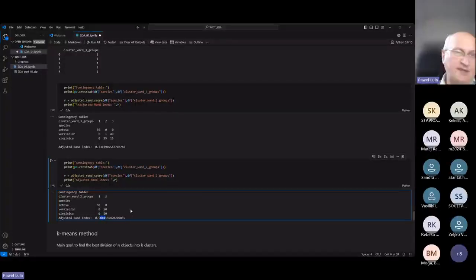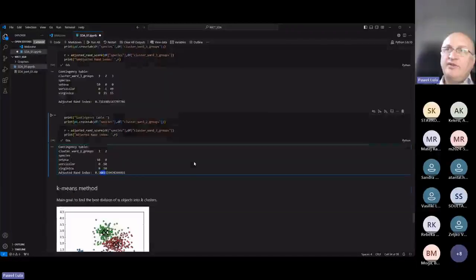This dataset is small because we have only 150 objects, but it is very difficult for analysis. It has a rather complex structure. Therefore, we see that it is not easy to classify these objects properly.